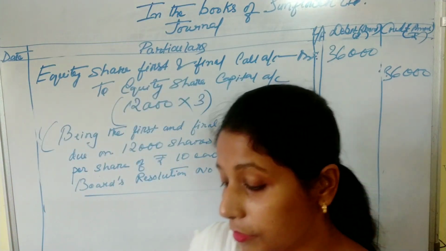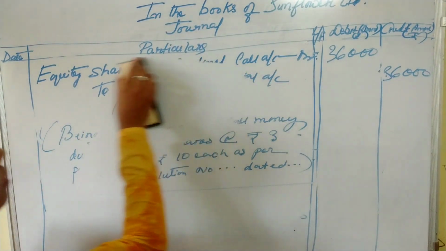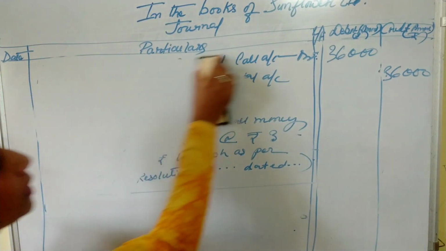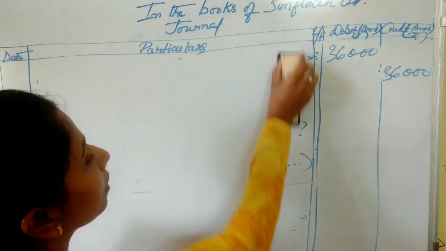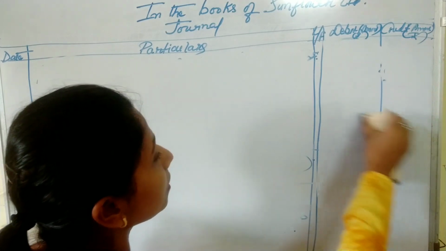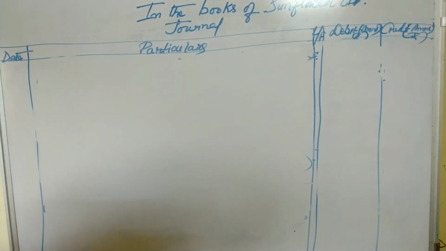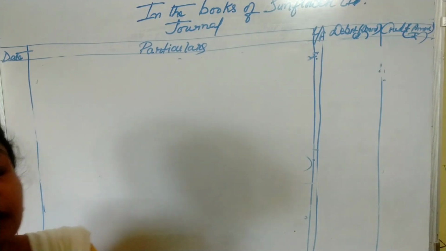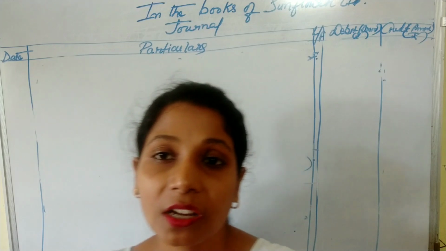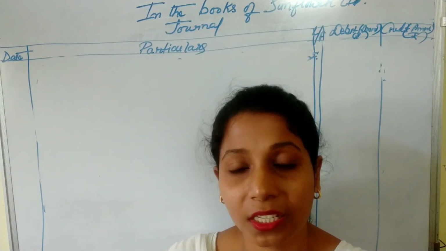Now the company will receive the money of first and final call. Now we will give the receiving money entry of first and final call. So as in the question it is said that one shareholder who was holding 1,000 shares didn't pay the first and final call money.